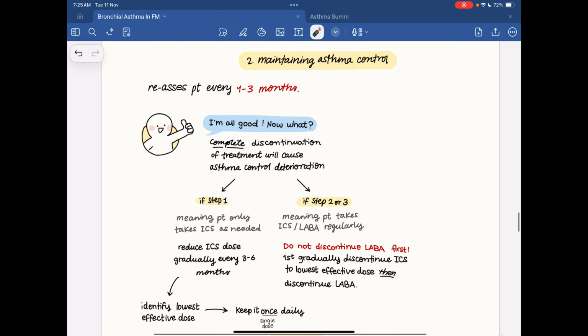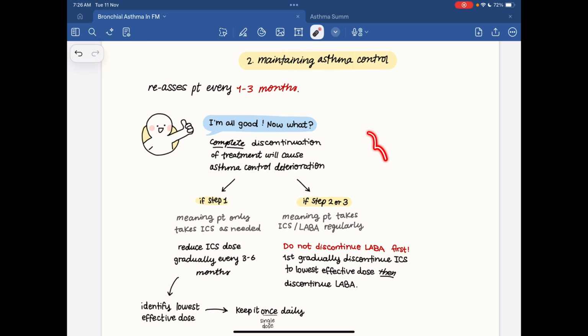So the patient is all good, and now we want to wean them off the treatment. We can't completely discontinue the treatment or it's going to cause asthma control deterioration.